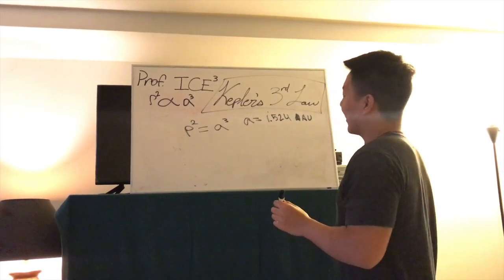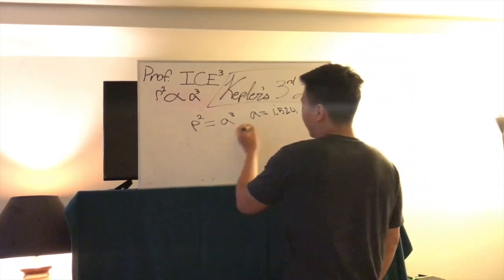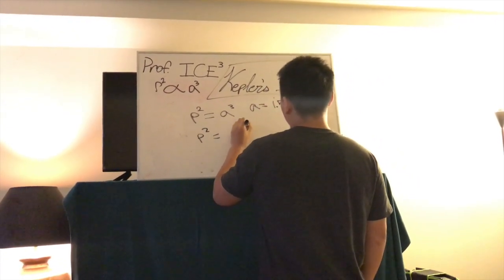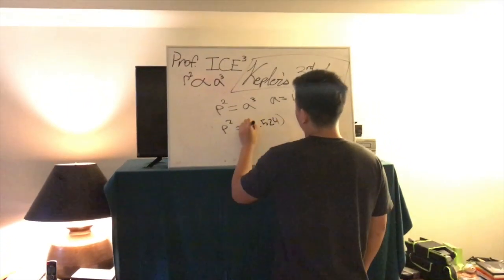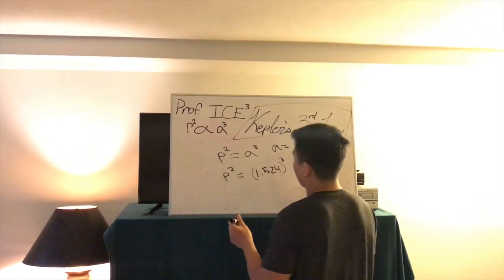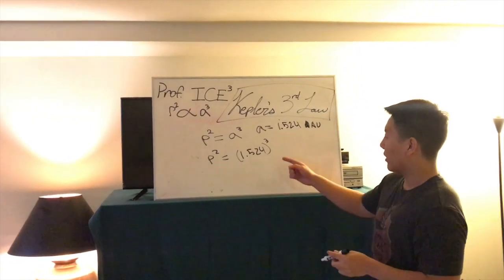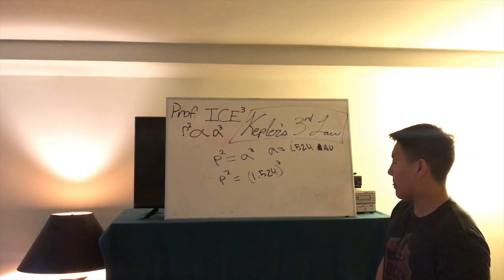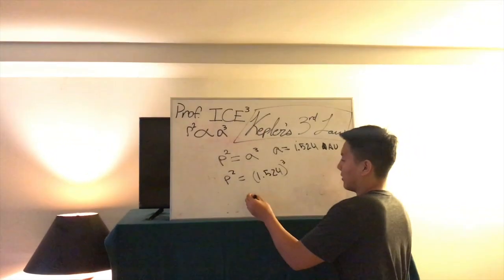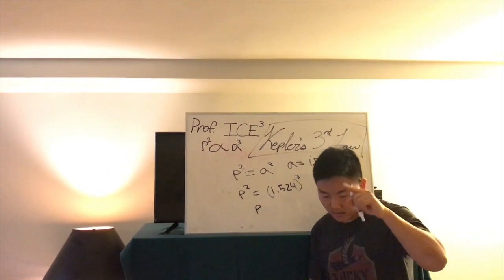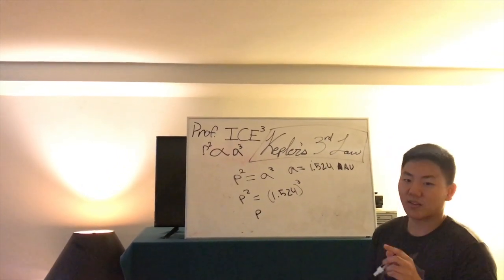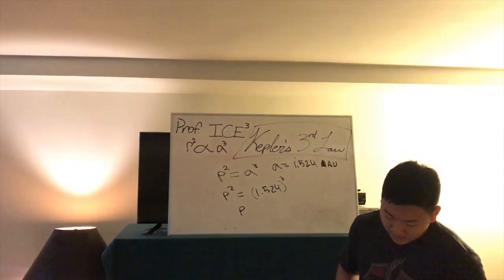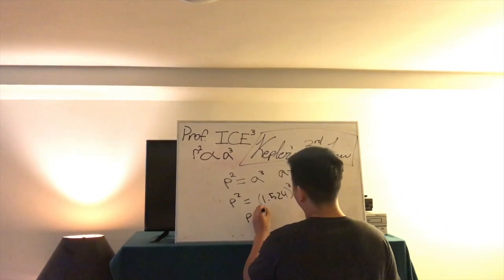Alright, so we plug this in for A. And then when we solve for P, we just calculate it, do some mental math: 1.88 Earth years.